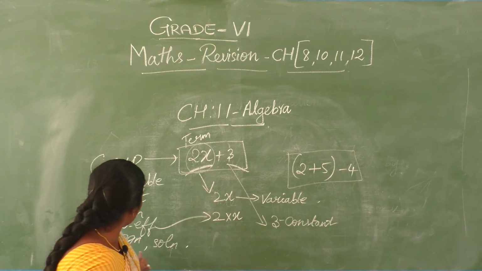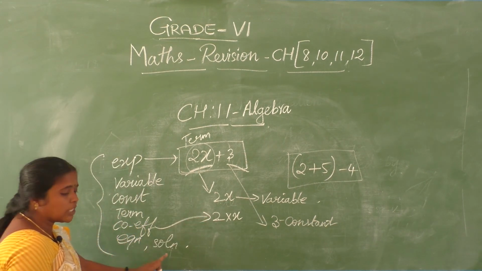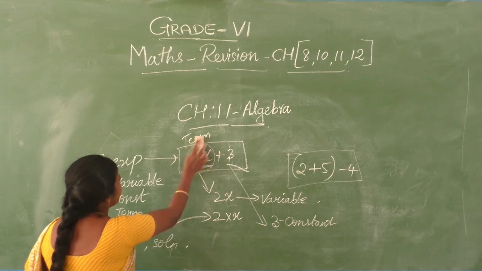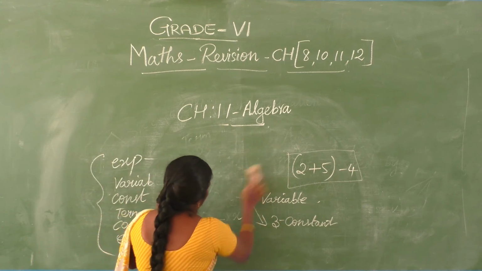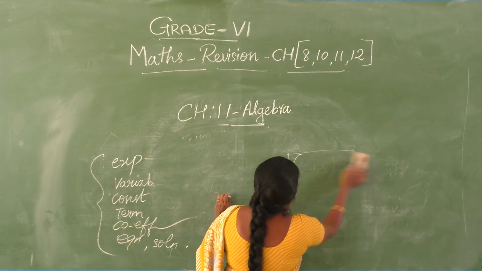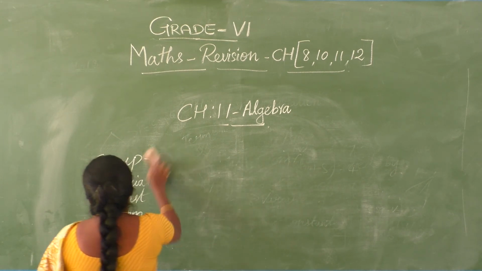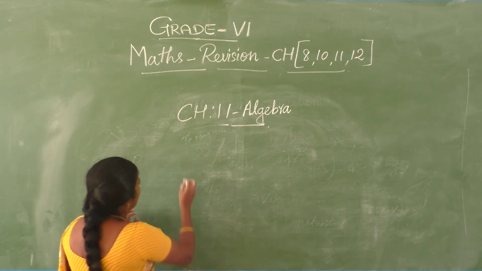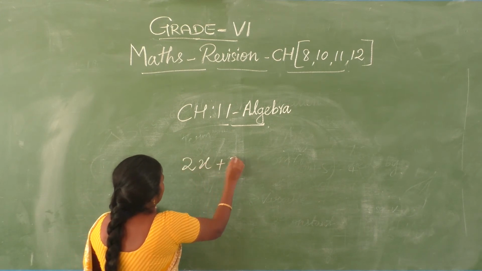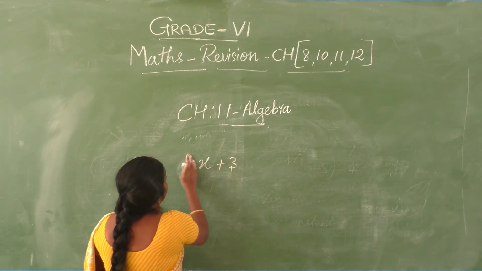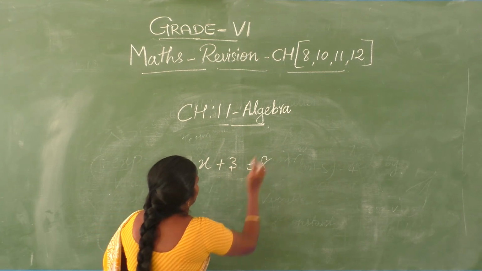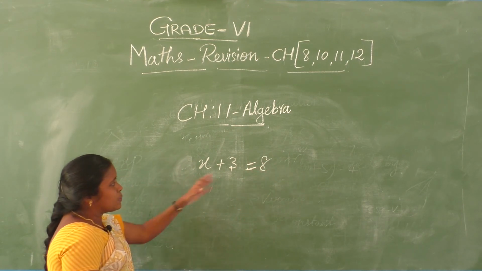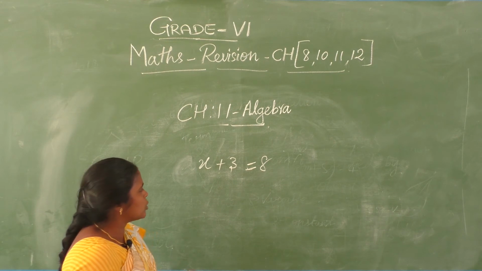Understood? So finally, what is balance? Equation and solution. See, x plus 3 equal to 8. Actually, what is this?